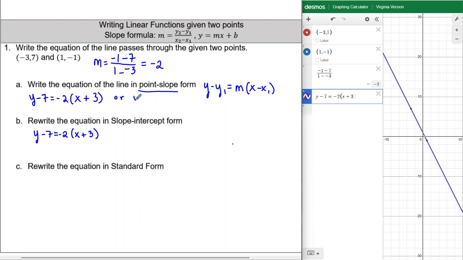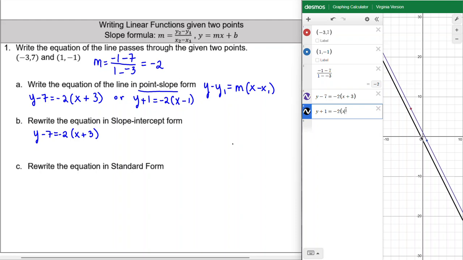Yes, so it's basically y minus the y coordinate, minus -1, which is a +1, equals -2 times x minus the x coordinate, which is 1. Let me show you that it's going to work as well. Times x minus 1. See, it works. So both of them will work. Just wanted to show you that. All right, going back, I'll just stick with the first one.